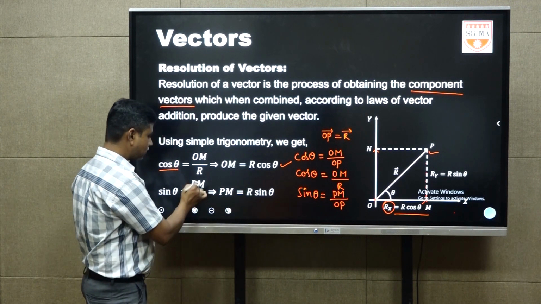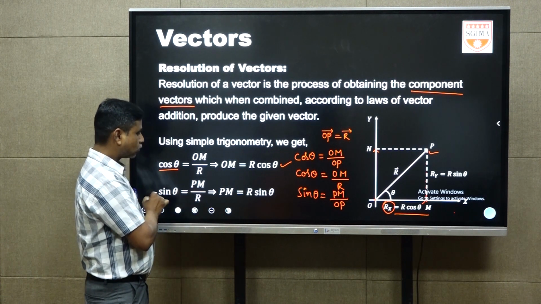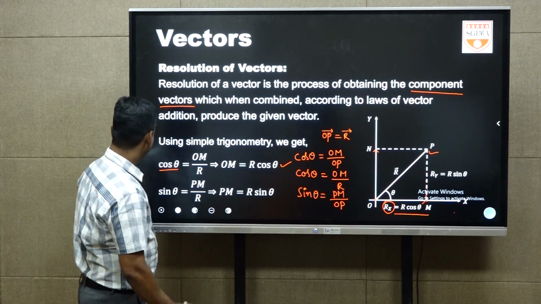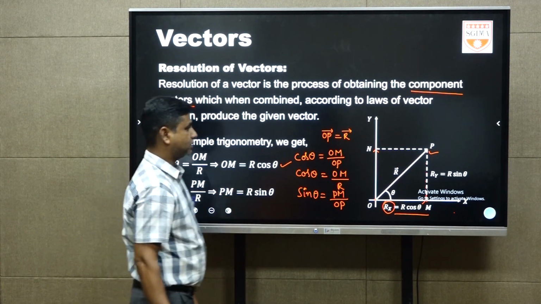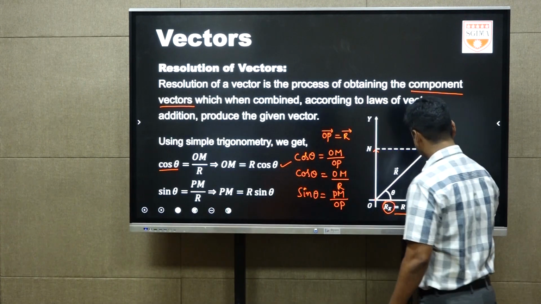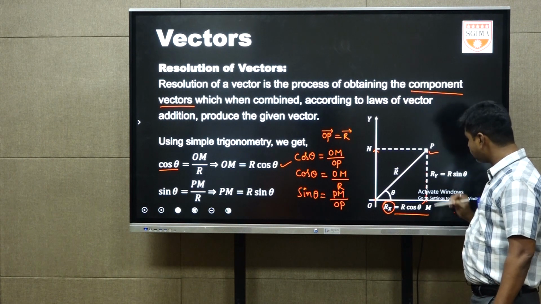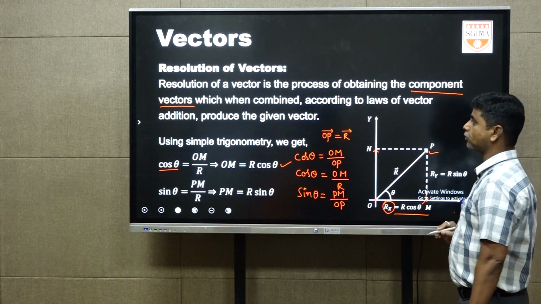So sin theta equal to PM upon R. Then do the cross multiplication: PM equal to R sin theta. Now we find that the OM value is R cos theta and the PM value is R sin theta. This PM is called the vertical component, and this OM is called the horizontal component.